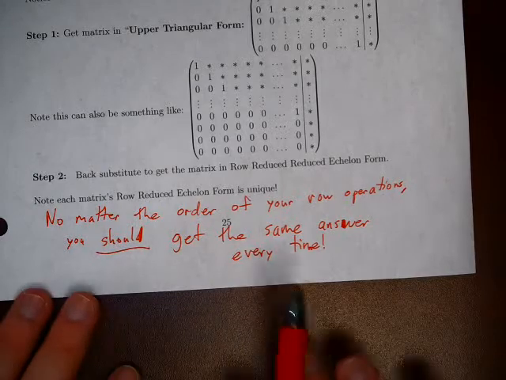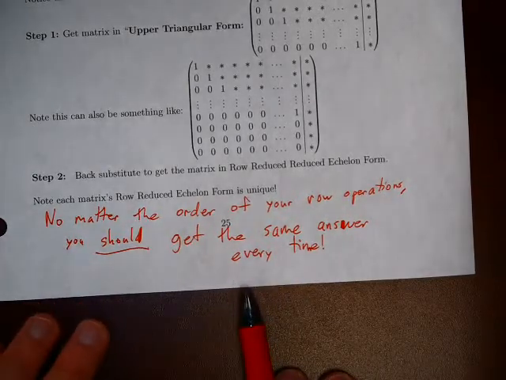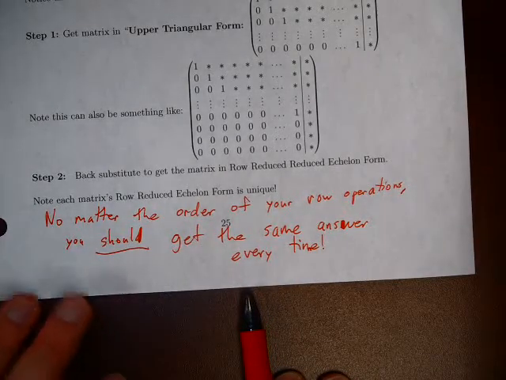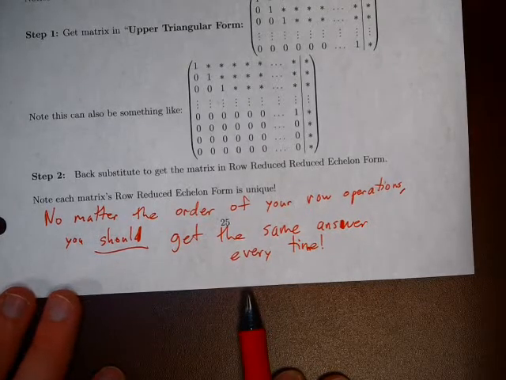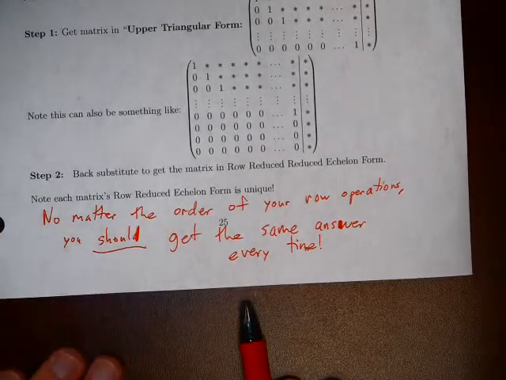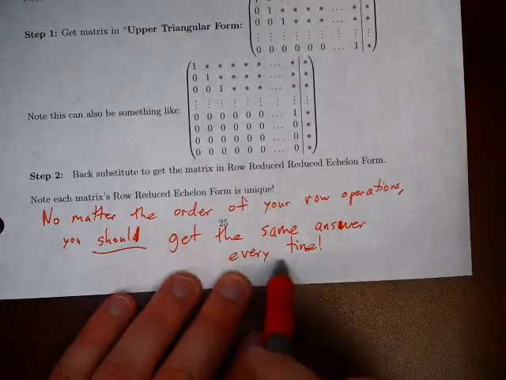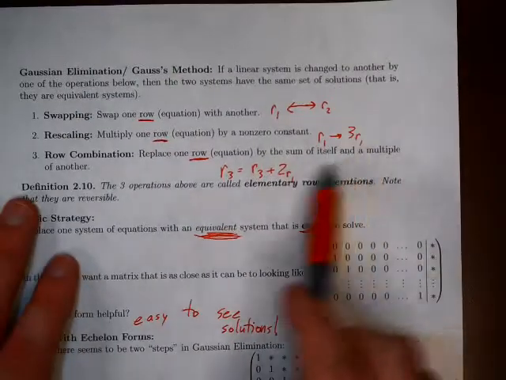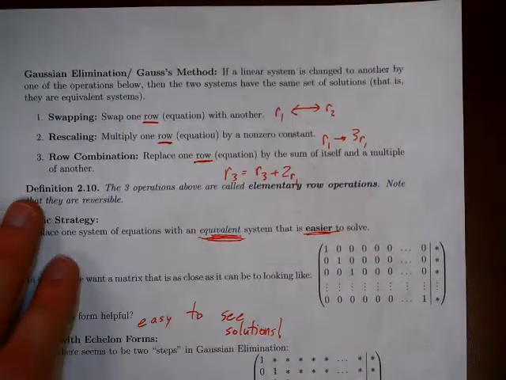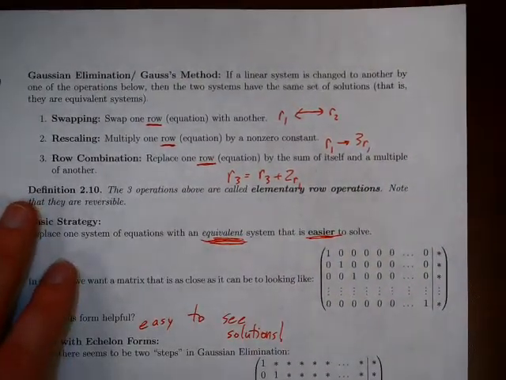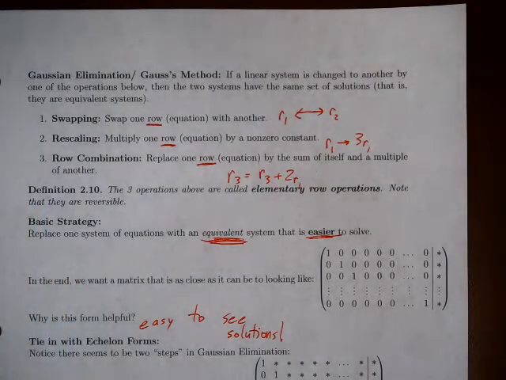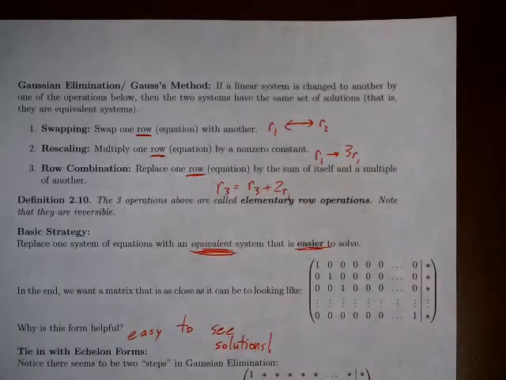And I can almost guarantee I will probably make one by the time this class is over. And somebody will catch me on the video and I'll have to re-record the whole like 50-minute video or whatever. And nobody will be happy with that. So a way to help keep track and make sure you're doing things correctly is to write these little symbols for yourself to make sure you understand which row operations you did and you can kind of keep track of them.